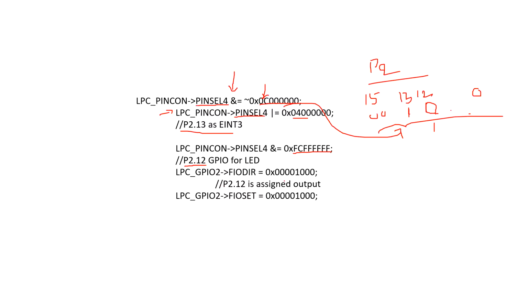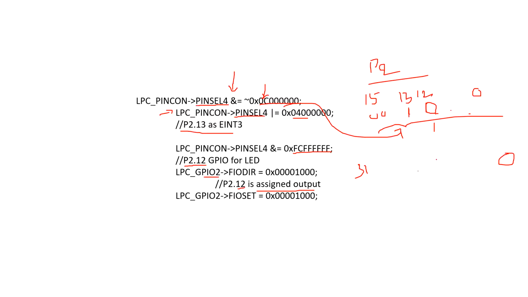Similarly, if I want to assign an input or output, I have the pins from 31 till 0. Here I should enable only the 12th pin.